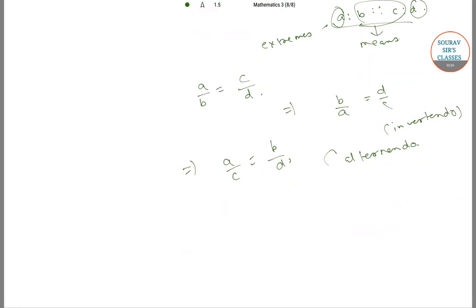Now, from here we can say that if A by B is equal to C by D, then if we add 1 on both sides, we will have A by B plus 1 is equal to C by D plus 1.